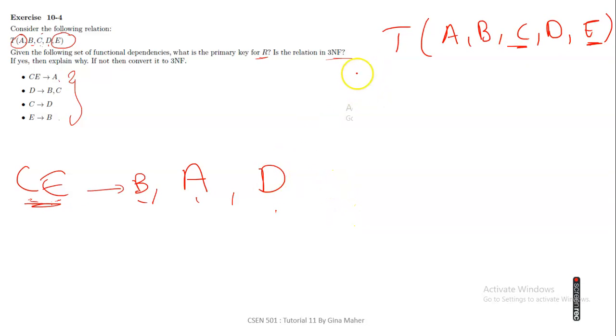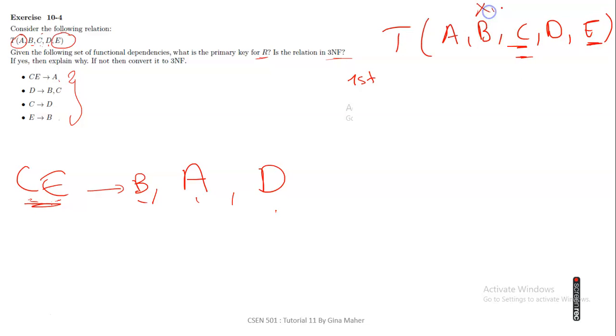Okay? This relation is in the first normal form. Let's check whether it is in the second or not. Do we have any dependency that is dependent on a subset of the primary key? In other words, are there any attributes dependent on C alone or E alone? Actually, yes.